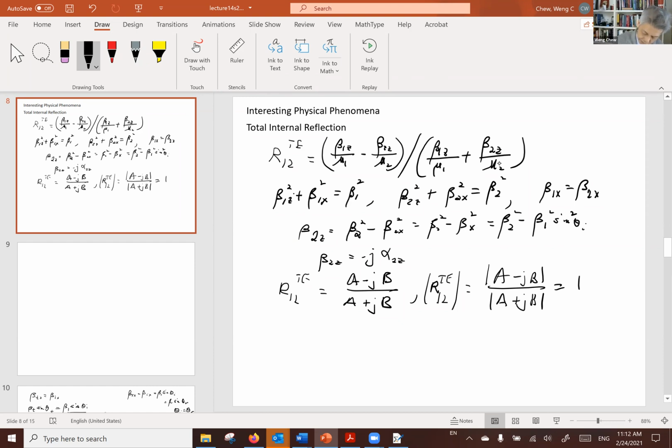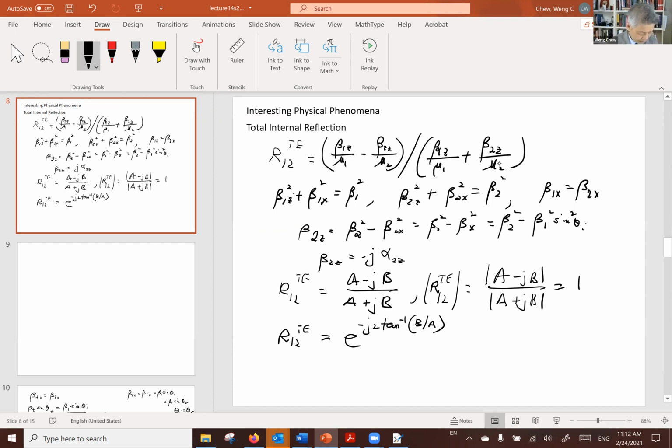But they will have a phase. Okay. You can find R12TE would always have a magnitude of 1, but with a phase that you can actually work out quite easily using polar mathematics, and the phase will be given by this.